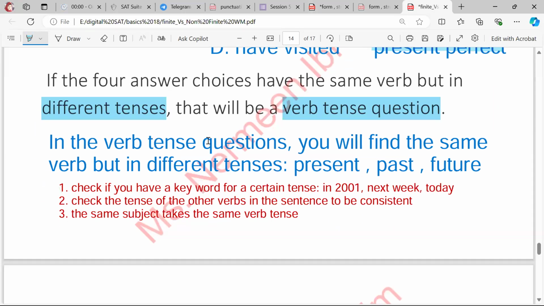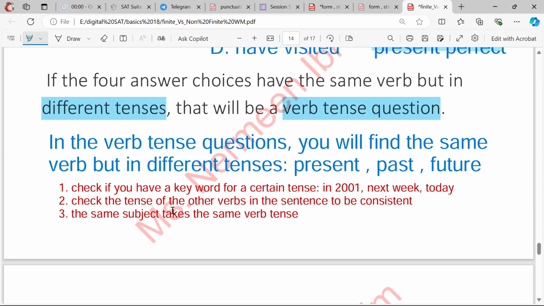So in verb tense questions, you will find the same verb but in different tenses: present, past, future. So check if you have a keyword for a certain tense. For example, if I have 2001, that's past. If I have next week, that's future. If I have today, that's present. Check the tense of the other verbs in the sentence to be consistent.